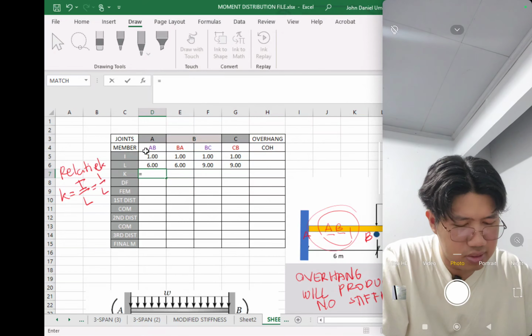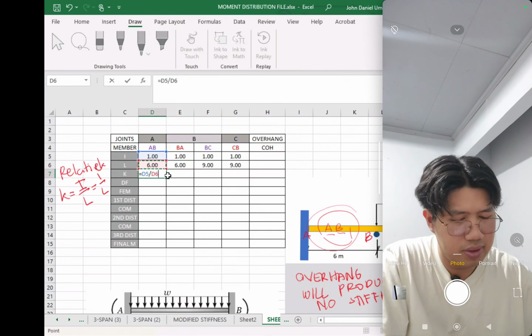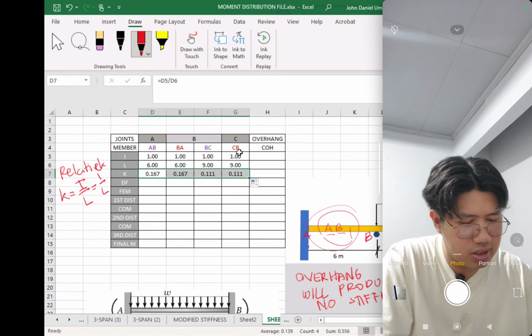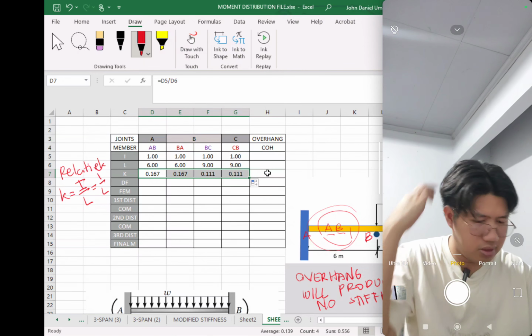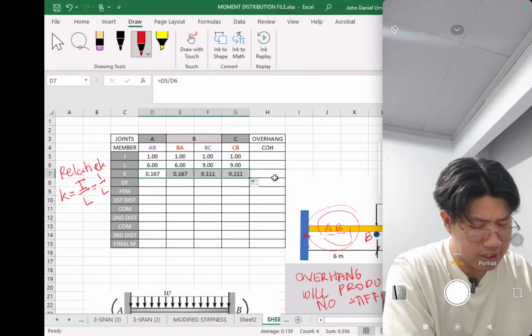Since value nito is 1, I'll just divide that cell by L. Then I can copy paste this formula hanggang doon sa CB. Sa overhang is hindi, since wala nga siyang stiffness na maproproduce.